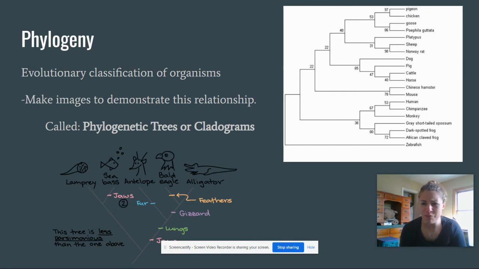And some of them you might be like, come on, Mrs. Weeks, you are crazy. How are a dog, a pig, a cow, and a horse more closely related to each other than maybe a sheep is? Because we typically think of farm animals as being all together. But this one up above me is looking at amino acid sequences, so we can get very, very detailed.